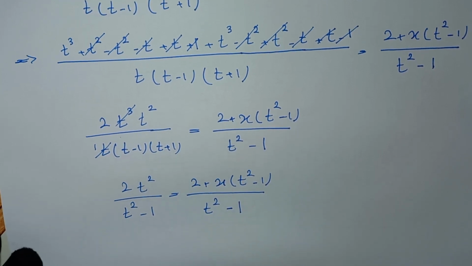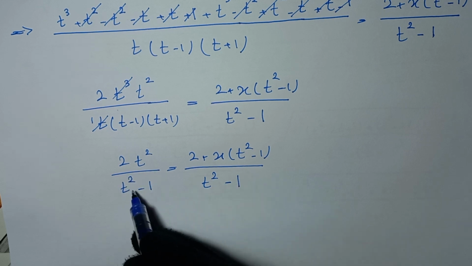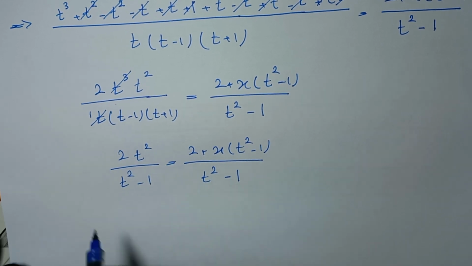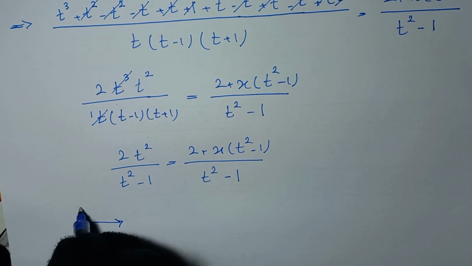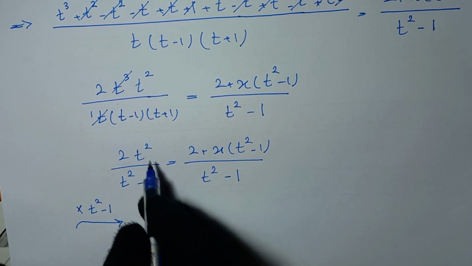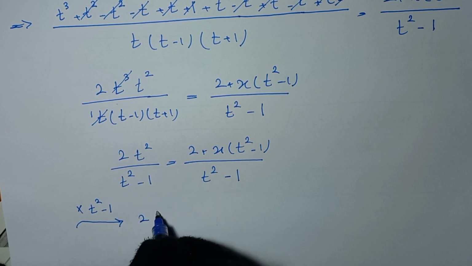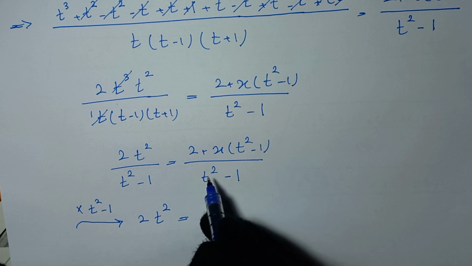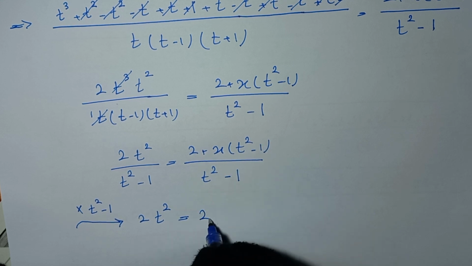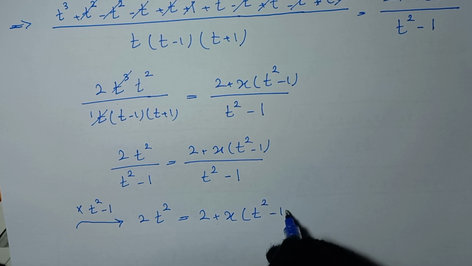And here, we multiply both sides of this equation by t squared minus 1. So this times t squared minus 1, this will cancel, and it will be 2t squared is equal to, and this times t squared minus 1, this will cancel, and it will be 2 plus x times t squared minus 1.